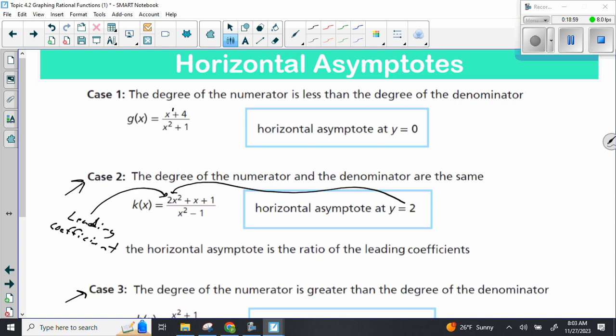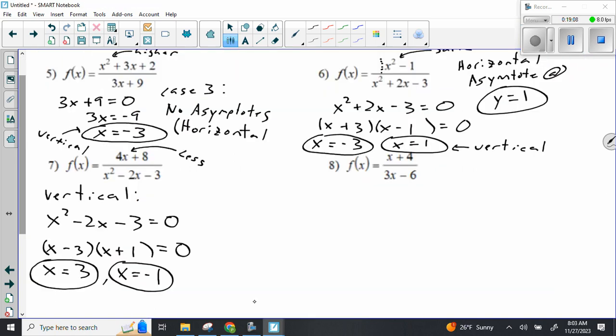So we definitely have case 1 in this one, which means that our horizontal asymptote is automatically y equals 0. So our horizontal asymptote is at y equals 0. Boom. All right. I like that. We did 3 of them. We got all 3 cases for you guys so you can see how that works.